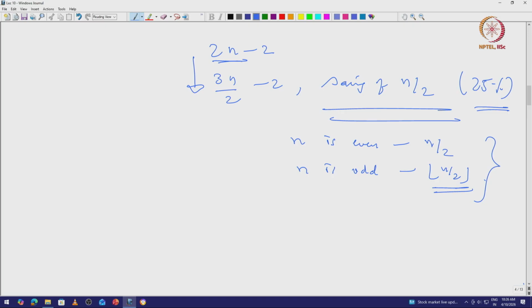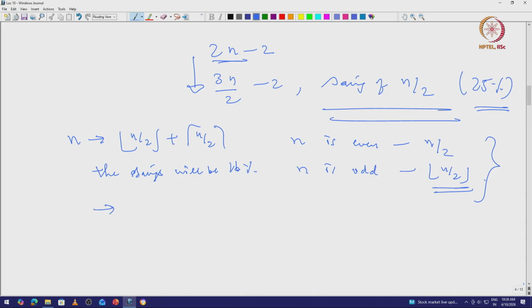So if you split carefully, you can save further. That is what it says. If you split as n by 2 and n by 2, the saving will be 16%.